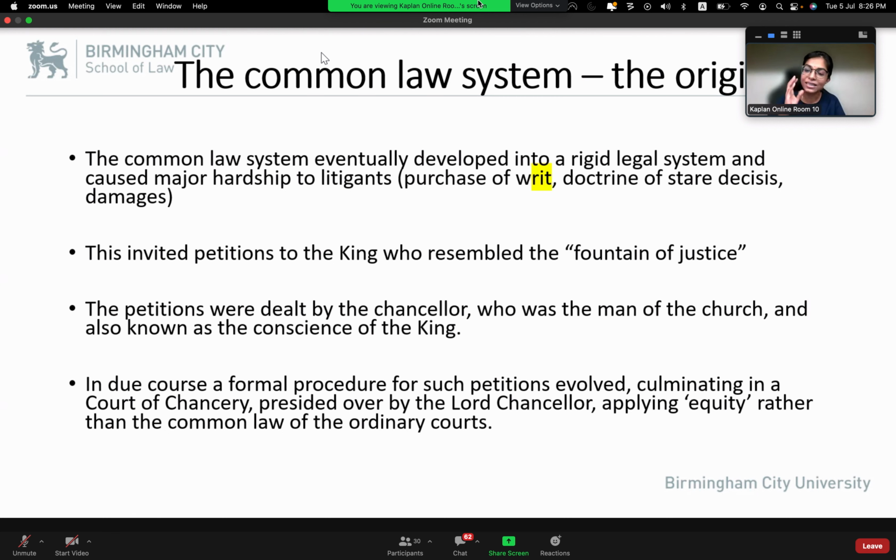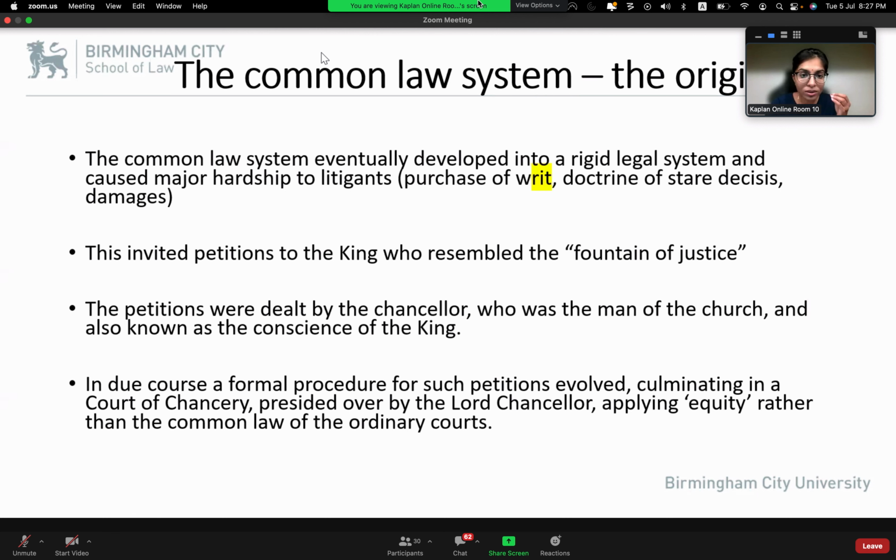And I say the Chancery Court used equity. Chancery Court did not apply common law. Okay, we must be very clear with that. Which means technically there were two parallel courts in one system. In England, on one hand, you have the common law court, on the other hand, you have the Chancery Court.